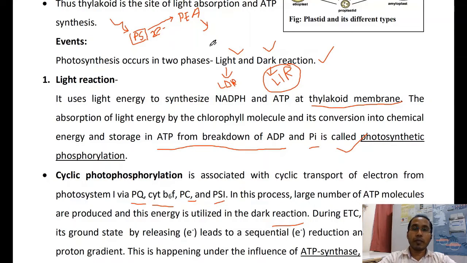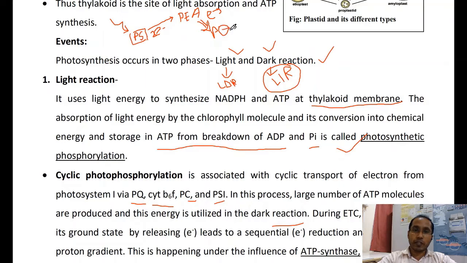So what will be happening? Now you can see in this picture I am drawing here. Suppose this is non-cyclic photophosphorylation. What is happening? At first, this electron will be transferred to a number of different electron acceptors and other carriers. In non-cyclic photophosphorylation, at first it will enter the plastoquinone.